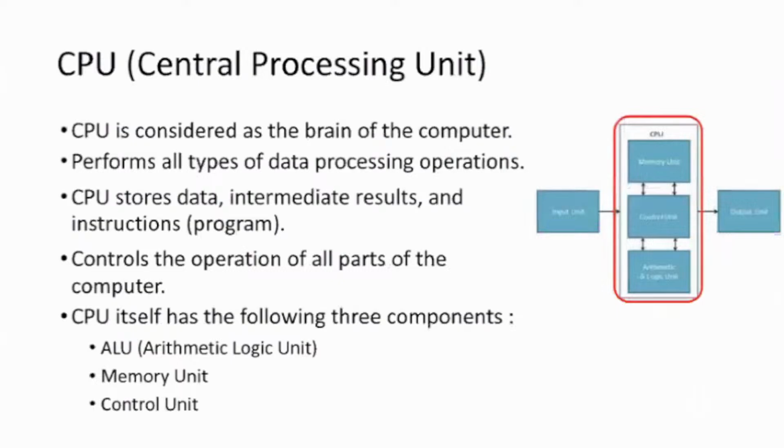Then let's move on to the central processing unit, CPU. What is the CPU? CPU is the brain of the computer. That's the main part of the computer. If you get a desktop computer, you have to plug all the devices into your CPU.